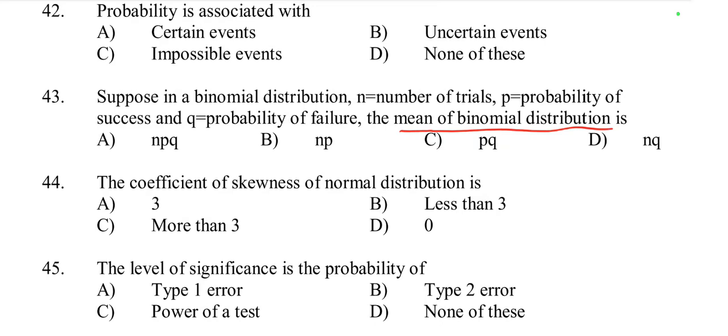The mean of the binomial distribution is the number of trials multiplied by the success probability. The number of trials is given by N and the probability of success by P. So N into P is the right answer, because the mean of the binomial distribution is the number of trials times the probability of success, N into P.